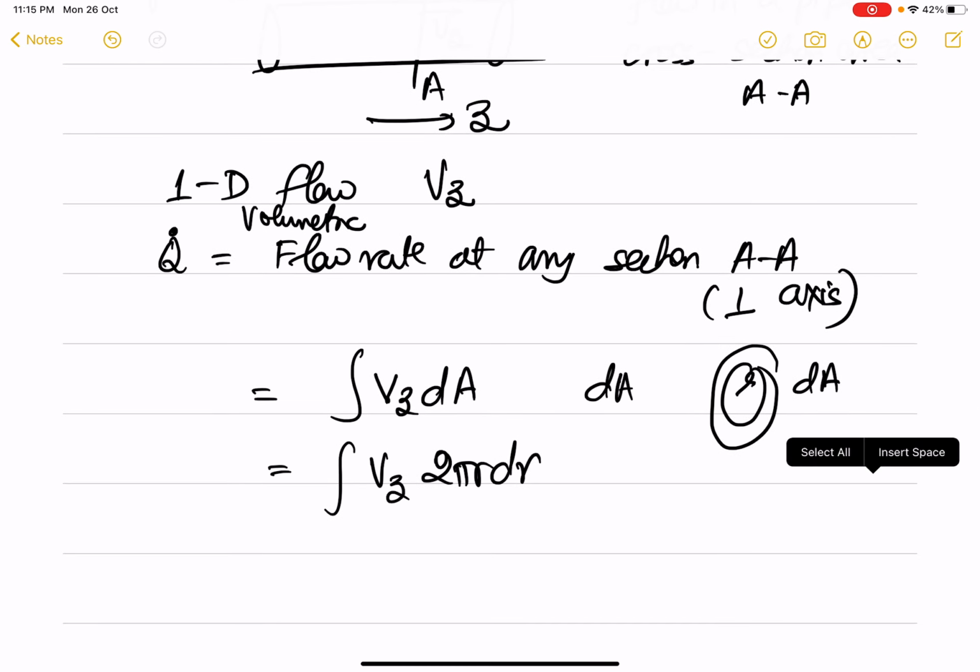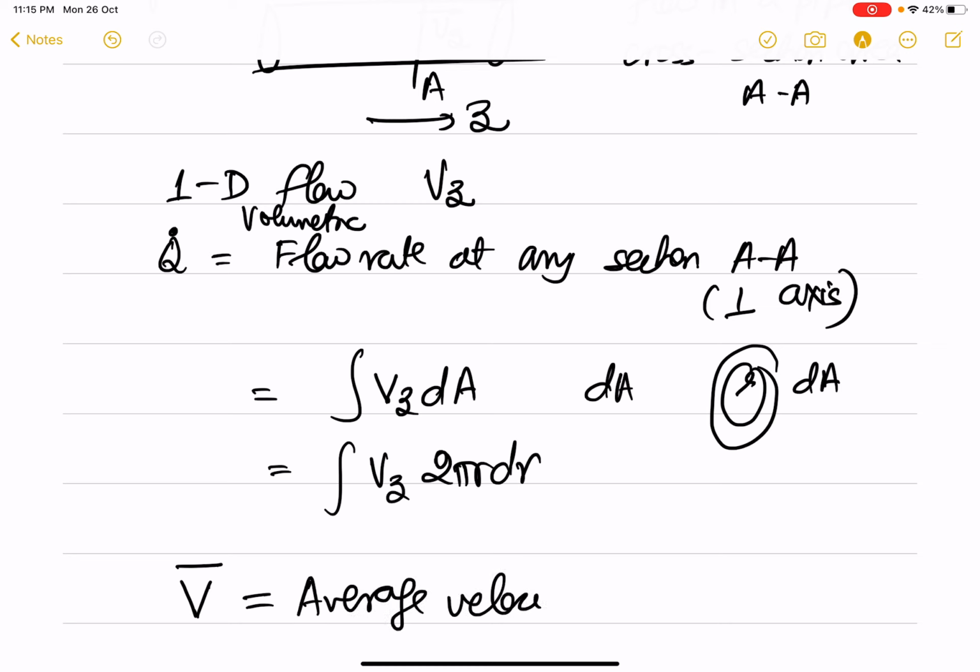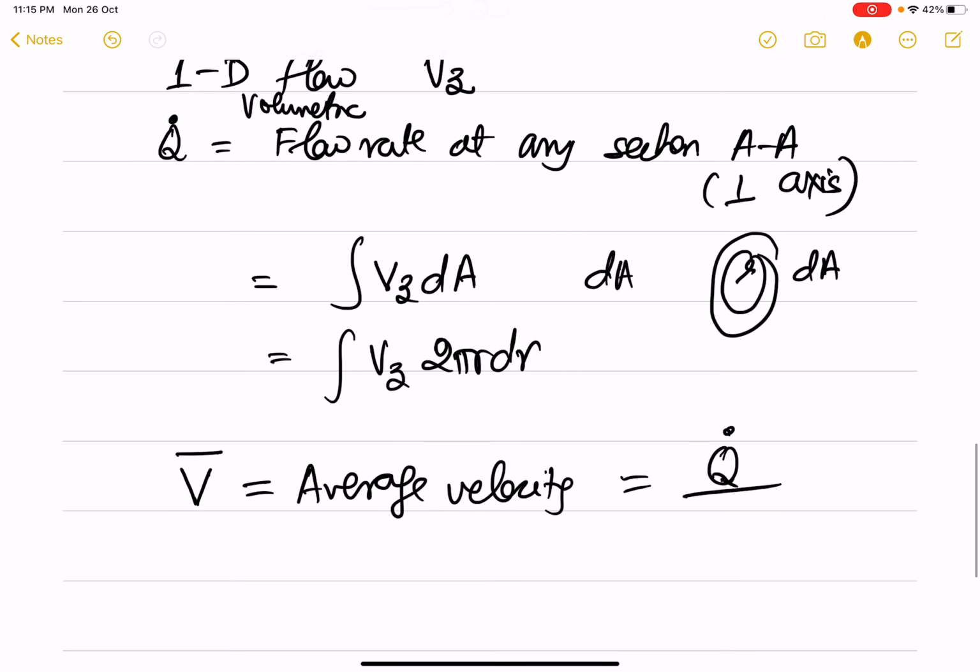So this is the flow rate, and what we can say is the average velocity, we use the symbol V bar for average velocity. This will be equal to flow rate divided by the cross-sectional area A. So here it will be Q dot divided by pi r square, where r is equal to the radius of the pipe.